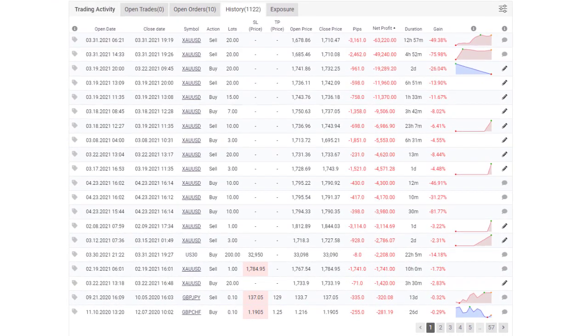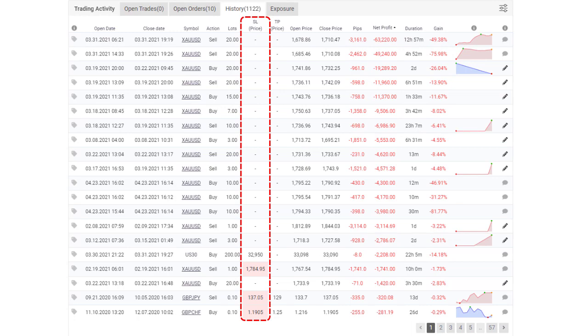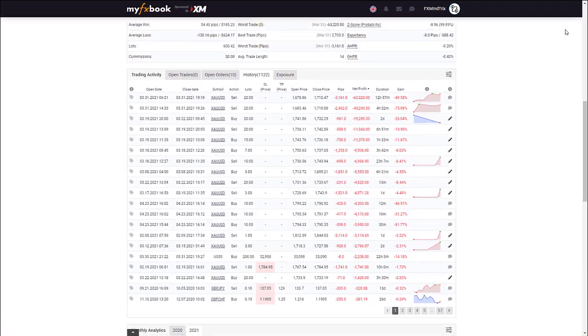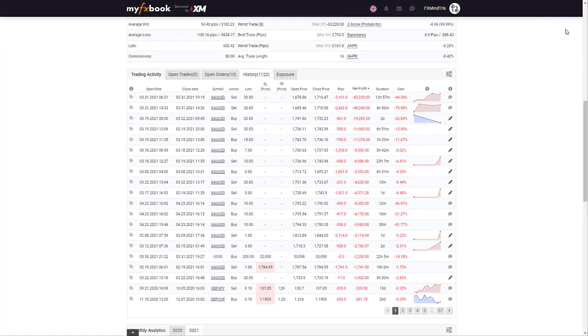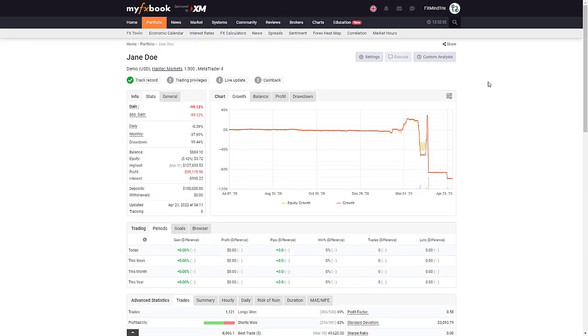Also, if you take a look at the stop loss column of the trades which were taken on this trading account, you would notice that this trader was also trading without a stop loss at some point. This is also part of the reason why their losses grew out of proportion. Trading without a profit target is fine if you're trying to let your profits run and you're not getting greedy, but trading without a stop loss is a complete no-no.